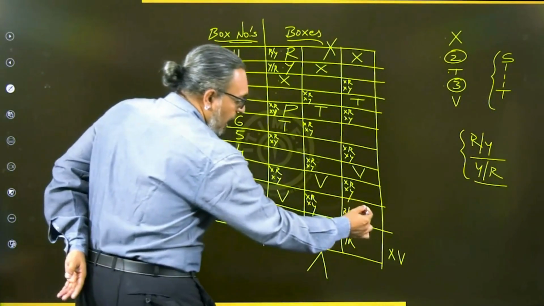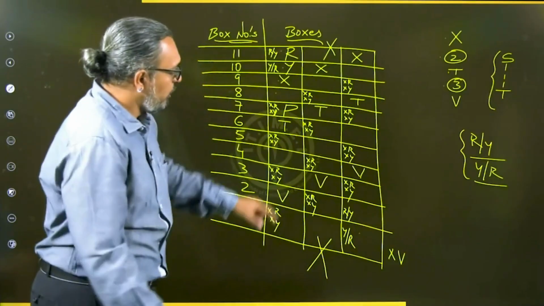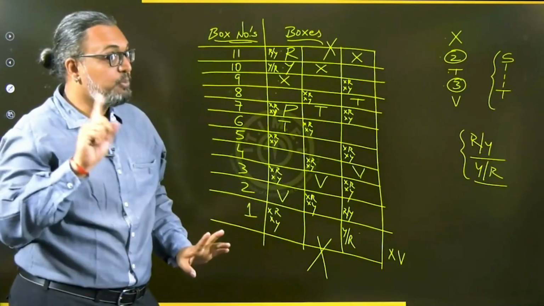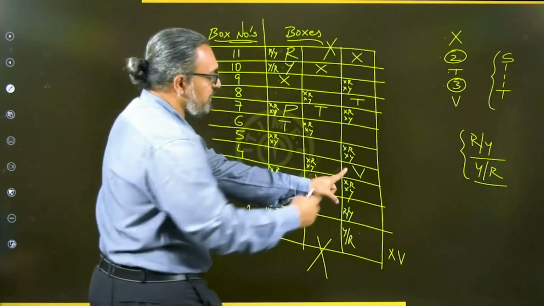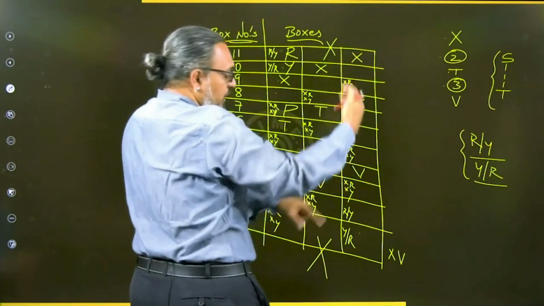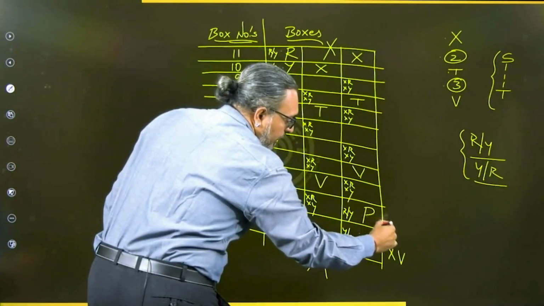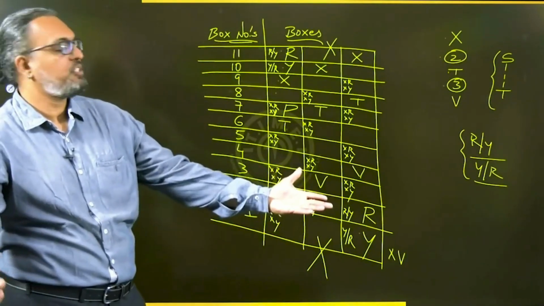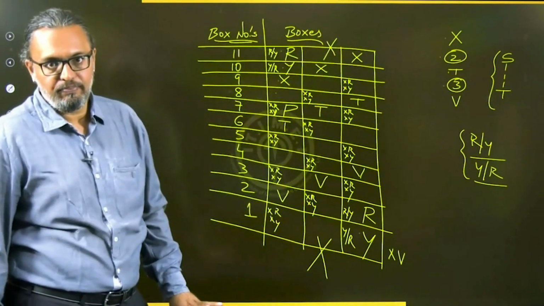Now, in the same way, let's fix R here. If I have R in the first position, between R and T you have 3 plus 3, 6. That means between P and V also 6. So, V is here, above only I will check 3 and 3, it is not possible. So, that means I can have R here and Y here, because R cannot be in the first. I will not be able to satisfy because T is already there.